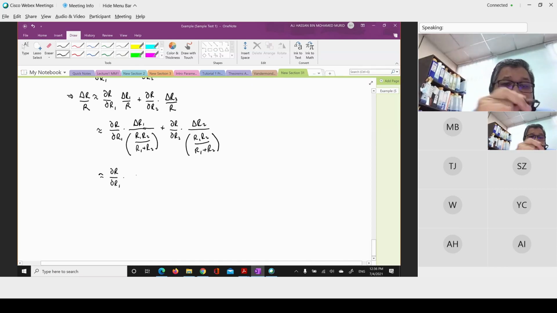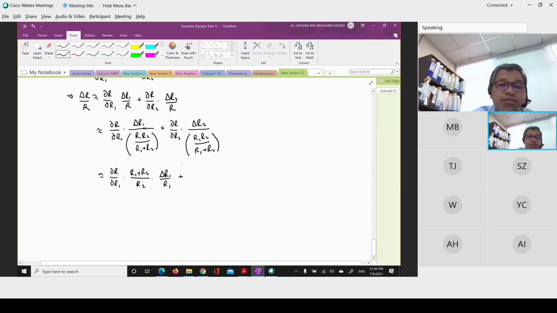Now I can rewrite the first term as R1 plus R2 divided by R2 times delta R1 over R1, because delta R1 over R1 is given.